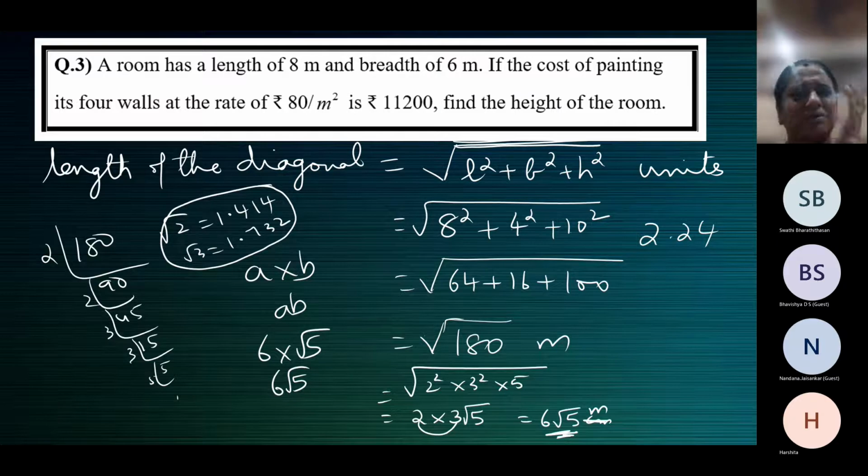In 9th and 10th, you will be given the values. So you don't have to remember all this. I'm just telling you, just in case the answer is a decimal, then 6 root 5 means 6 into the value of root 5, which is 2.245 or 2.24. Then you can get the answer.